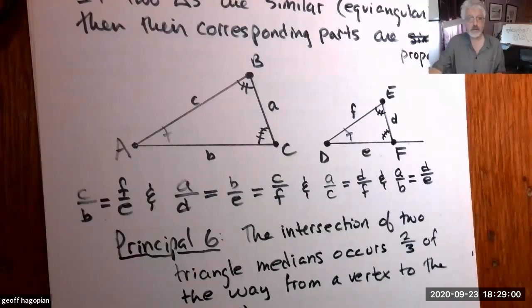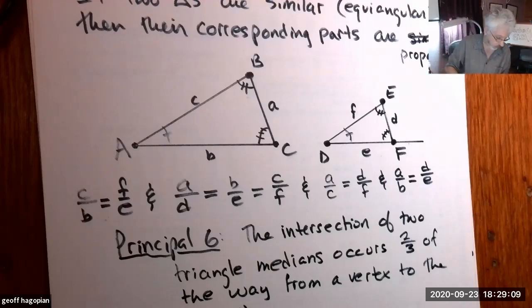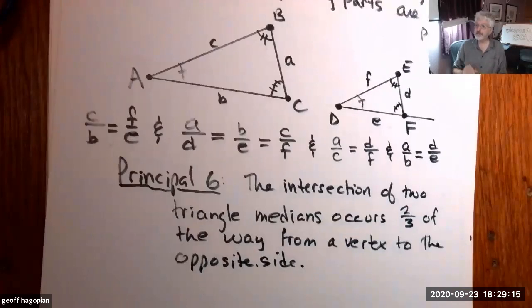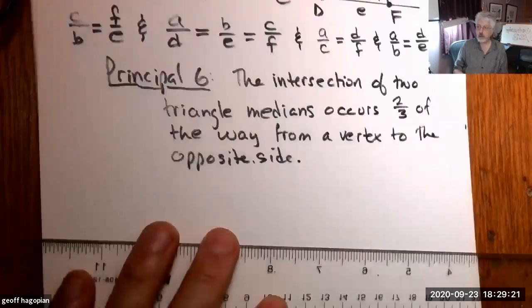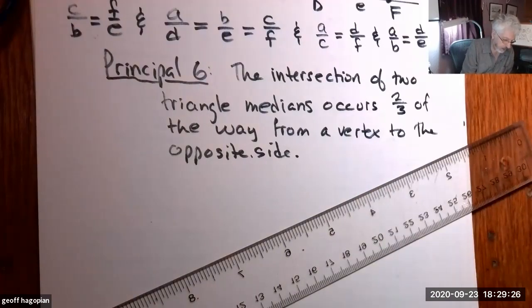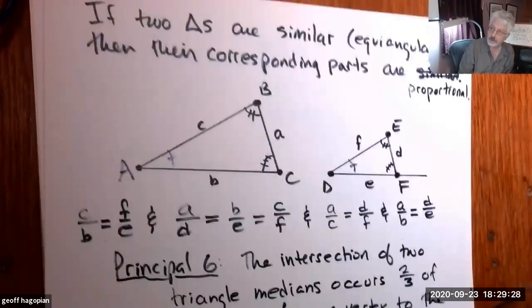Should we go back and read what it says here? The three medians of any triangle intersect at a point which is 2/3 of the way from the vertex to the midpoint of any median. To the opposite side is what I meant to say here to finish that statement. Okay, so let's draw a triangle and try to make it kind of scalene, like these triangles up there are kind of scalene, right?